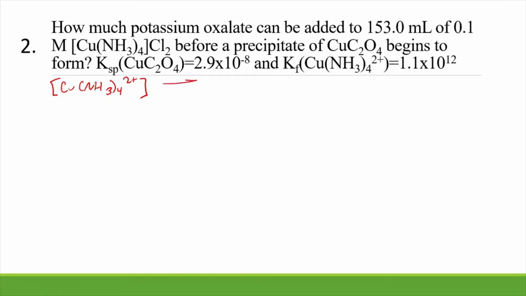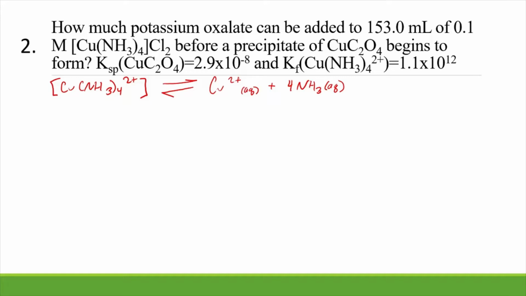And so this is going to be in equilibrium with copper 2+ and ammonia. That ion is just because it's got this chlorine on it. That's the -2 charge, and you put that in water, it's going to dissociate into positive and negative charges, and then from there it can break apart into the copper and ammonia.